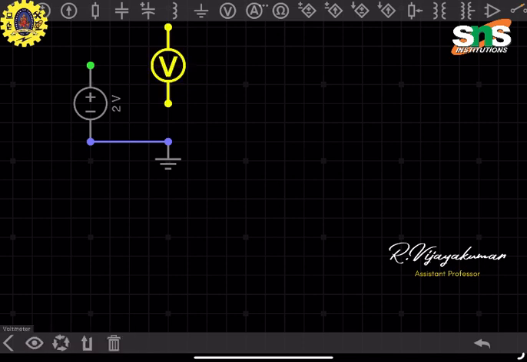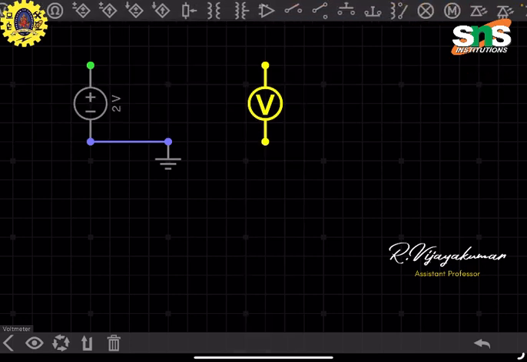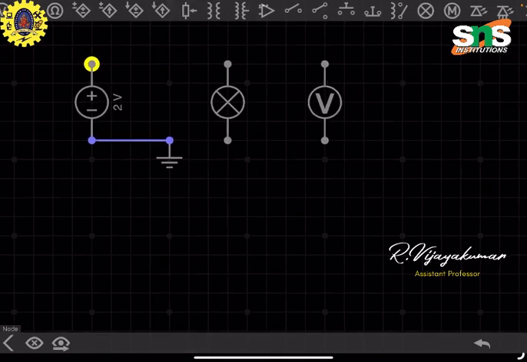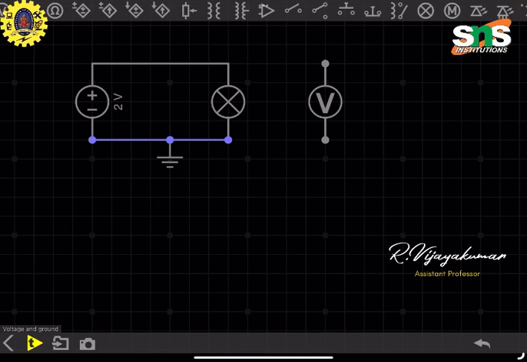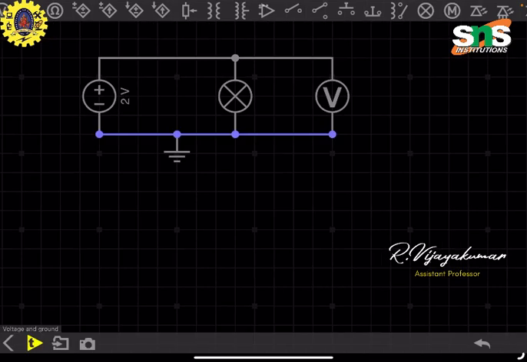I'm connecting this voltmeter across the load, and I'm also connecting a lamp load. So the lamp load is connected to the voltage source, and the voltmeter is connected across the lamp load.